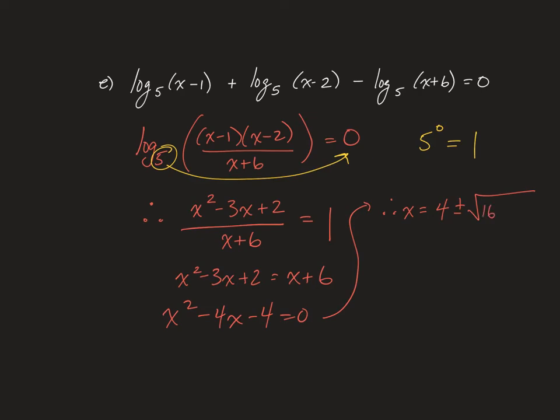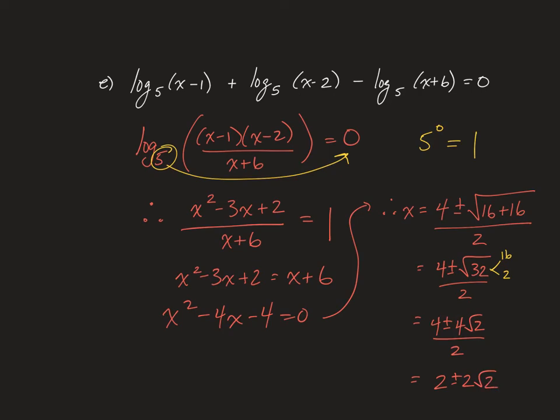My b squared minus my 4ac all over 2a. And now when I collect that pretty quickly, I can reduce my radical, my 32 being 16 and 2, and therefore I have 4 root 2. And we can reduce that all down to that.